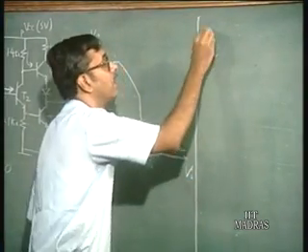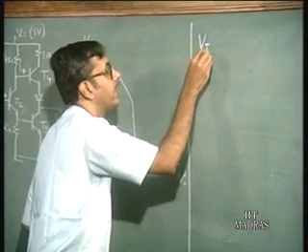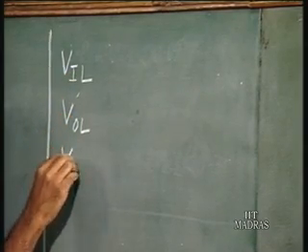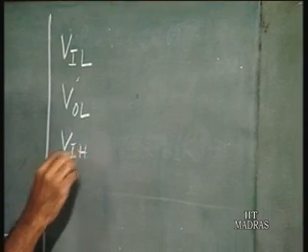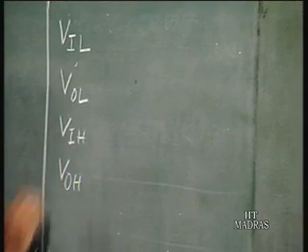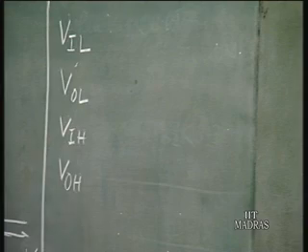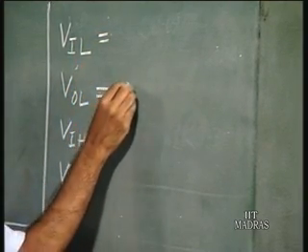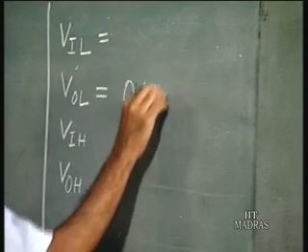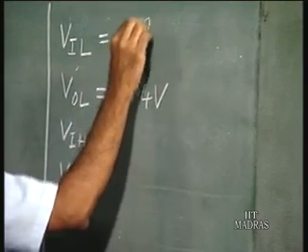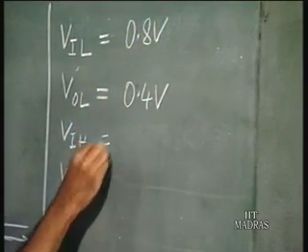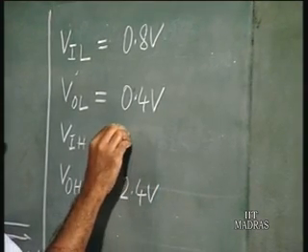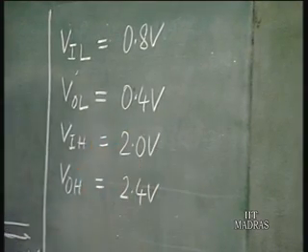These terms we have already defined: VIL, VOL, VIH, VOH. The values given are VOL is 0.4, VIL is 0.8, VOH is 2.4 volts, and VIH is 2 volts.